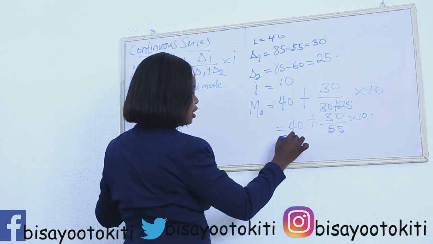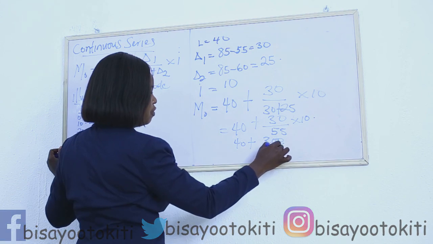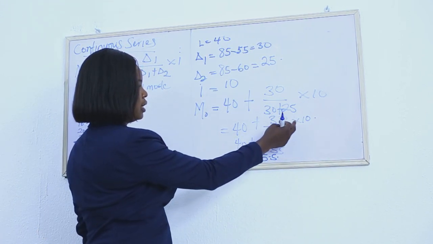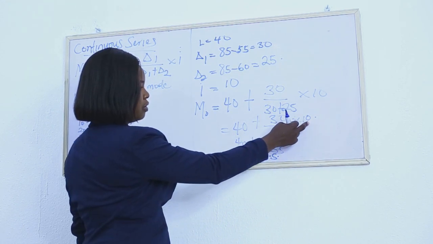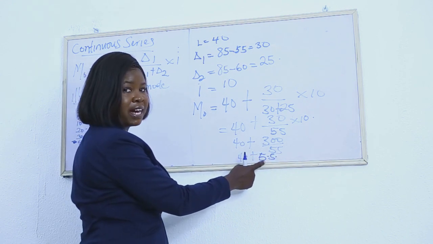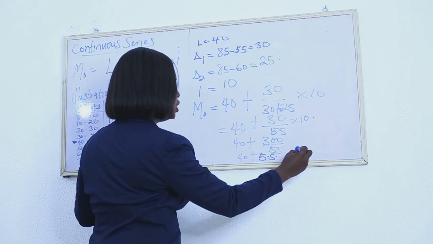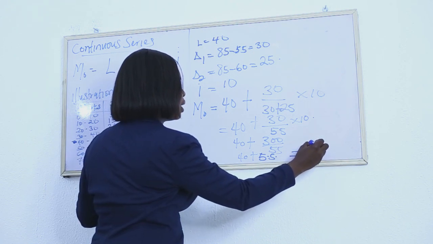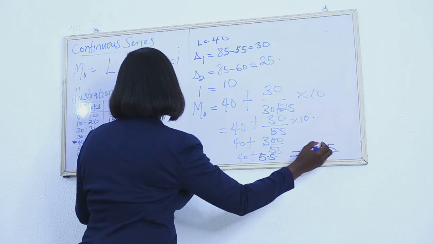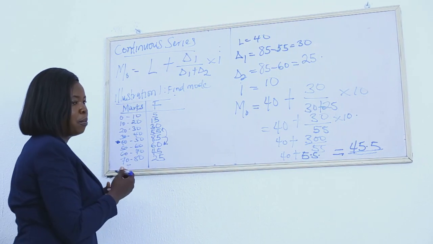That's 40 plus 300 over 55, since 30 times 10 is 300. 300 divided by 55, we have 5.5. So 40 plus 5.5. Our modal mark is equal to 45.5, which is still within the modal class.